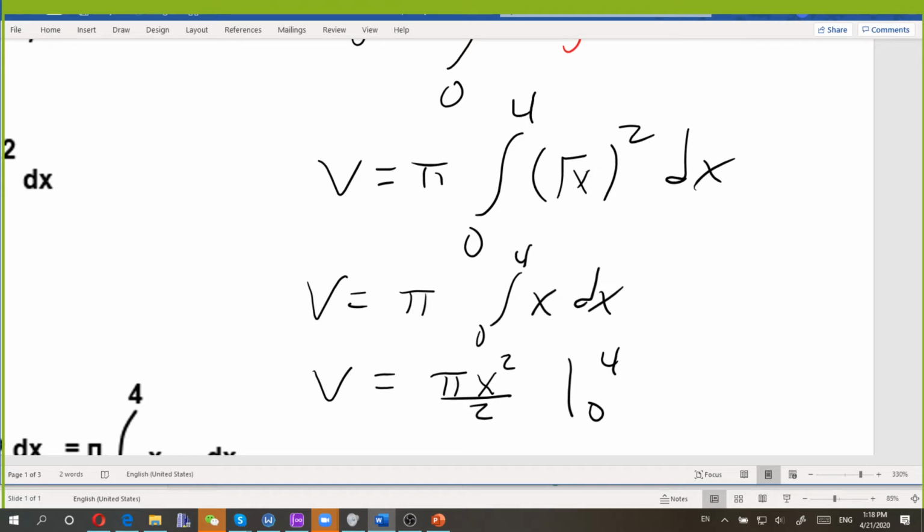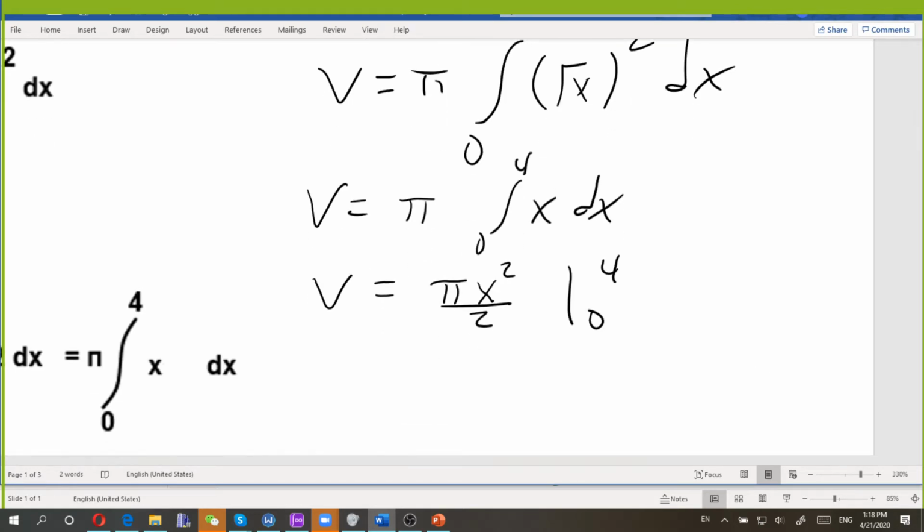So this is pi times x squared over 2. I would have plus c, except I've got bounds, so what do I do with my bounds? So upper bound minus lower bound, so pi 4 squared over 2 minus pi 0 squared over 2, which is 0. Perfect. I guess I will plug that in just for the notes.